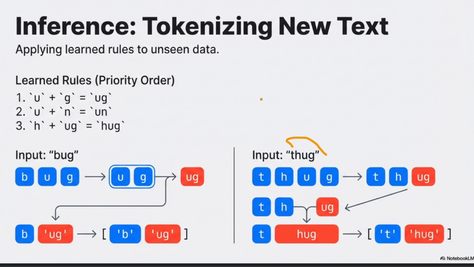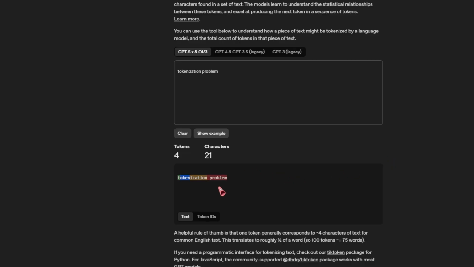It sees the rule for UJ, so it merges those, then it sees the rule for H plus UJ, so it merges those. It ends up tokenizing it as T and HUJ, as we've seen in the example. We did the same until we tokenized this part and this part.